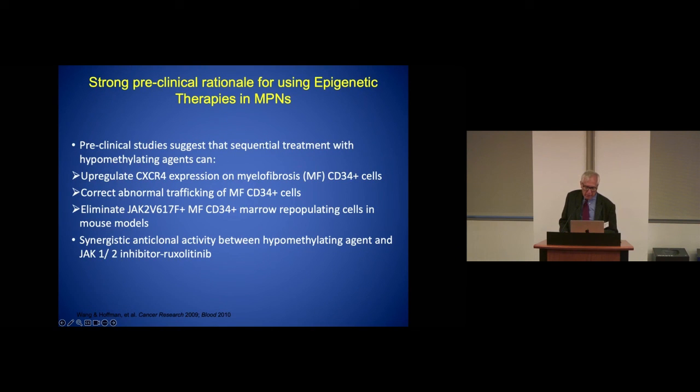Our lab has shown that epigenetic therapies can increase a receptor present on myelofibrosis stem cells. It can correct abnormal trafficking of these stem cells, and it can actually eliminate MF stem cells. And Raajit Rampal across the street has shown that there's synergistic anti-clinical activity between hypomethylating agents and JAK2 inhibitors.